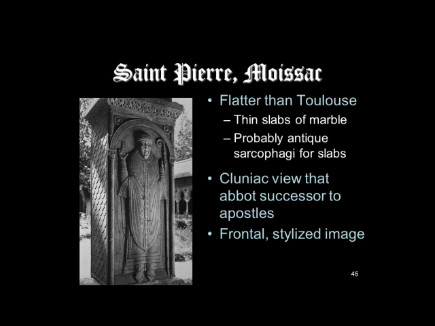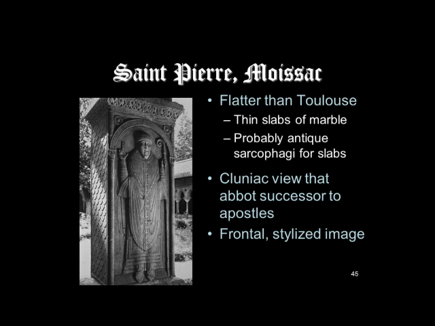What they think is that they found some antique sarcophagus, late Roman sarcophagi, and whether they maybe chiseled away any decoration, or maybe they didn't even have decoration, they are putting those upended and using those as the slabs of marble on which to carve their reliefs. So that is one reason why they are so flat. It's just the material is very shallow.